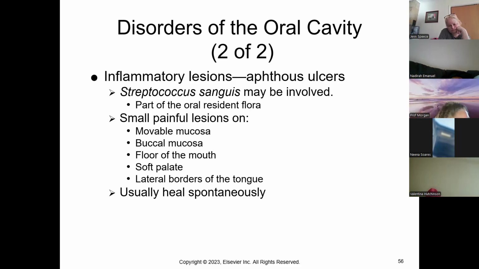And this thrush can go all the way down into your esophagus. So usually they'll be on nystatin, and you know if it's in the esophagus or not, okay? Because they'll either have them swish and spit, or they'll have them swish and swallow. Swishing and swallowing means that esophagus is infected as well.